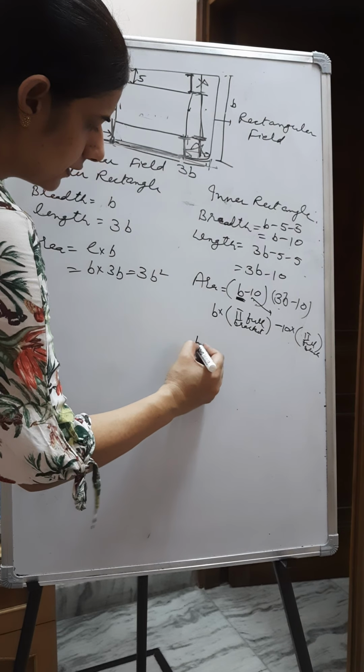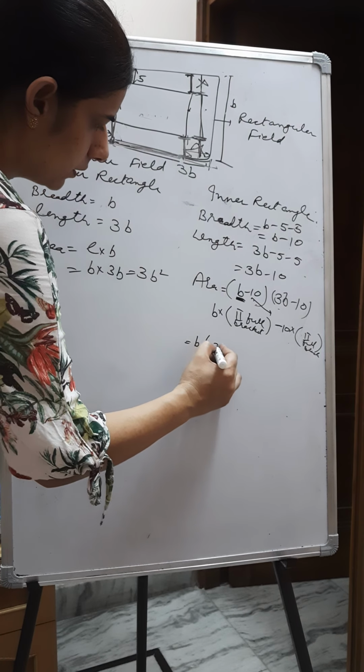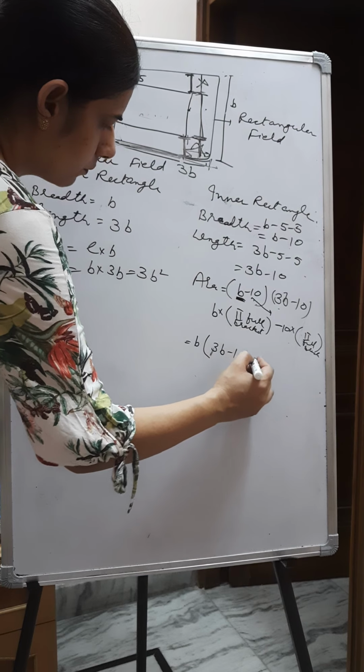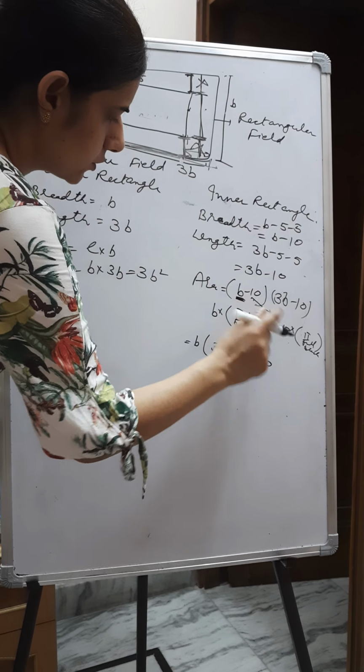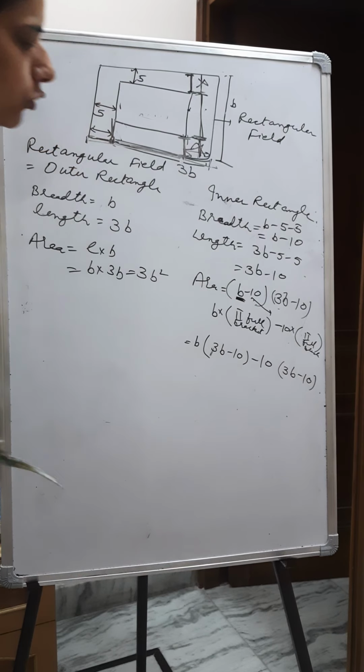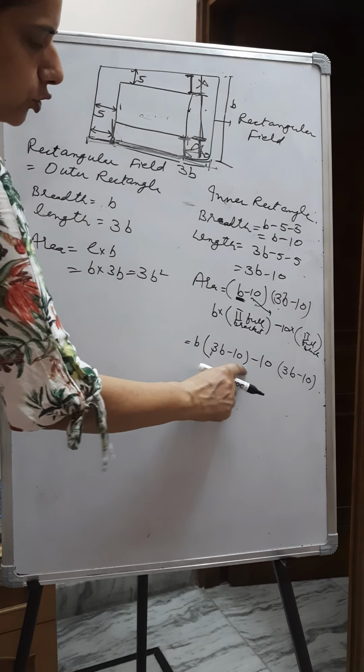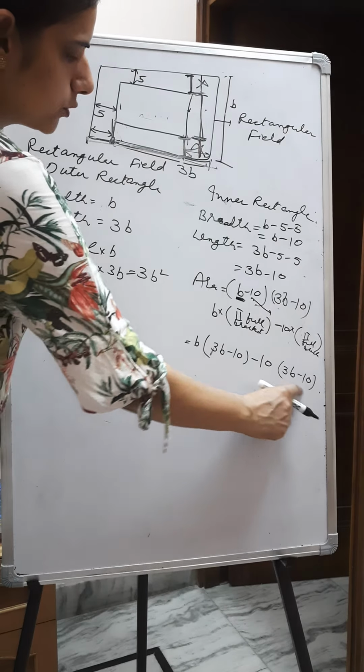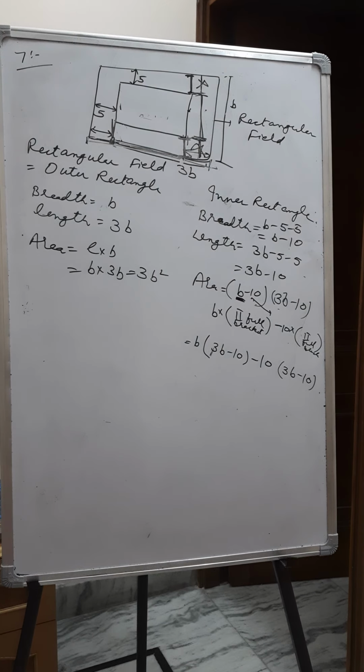It is b multiplied to 3b minus 10, and this minus 10 which is with the b is multiplied to 3b minus 10. Followed? This is all concept from the 11th chapter.